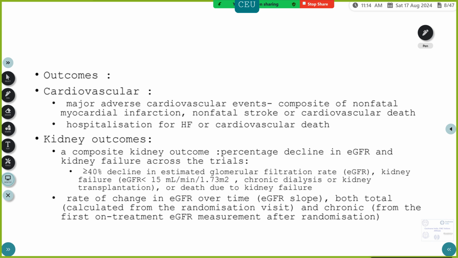They've also looked at the rate of change in EGFR, which they have plotted as an EGFR slope. So these were the outcomes that they looked at, whether SGLT2 inhibitors in our population, among the people with baseline GLP1 use and without baseline GLP1 use, had a benefit on cardiovascular and kidney outcomes.